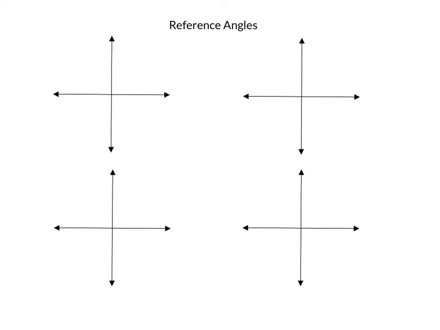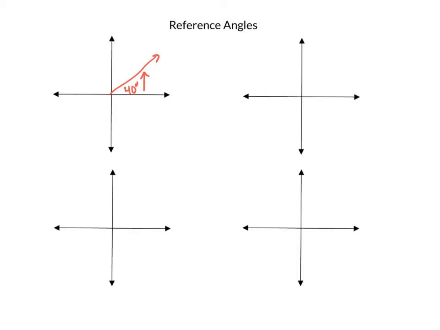Now, reference angles are the key to understanding how to find the sine, cosine, and tangent of angles bigger than 90. So the way it works is the reference angle is always between the x-axis and the terminal side. So if this is a 40-degree angle, that's a 40-degree reference angle.